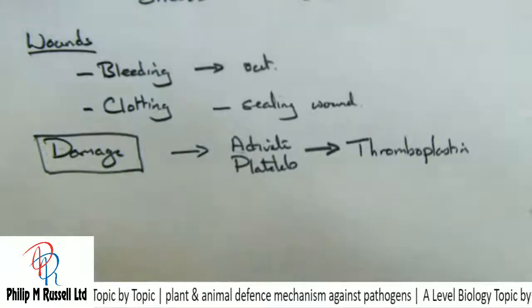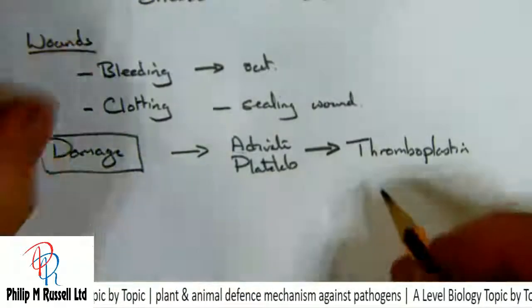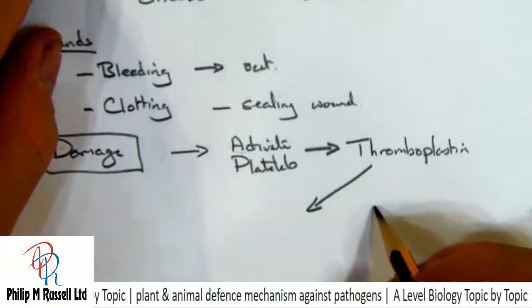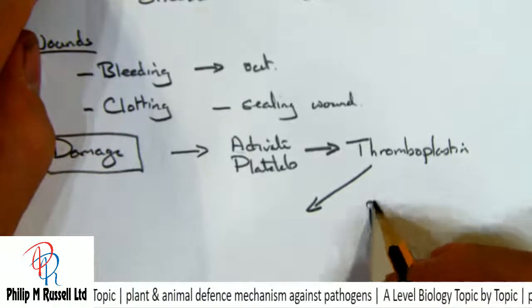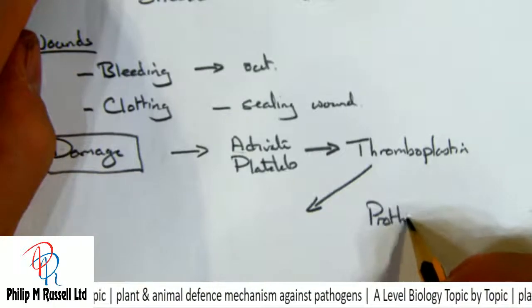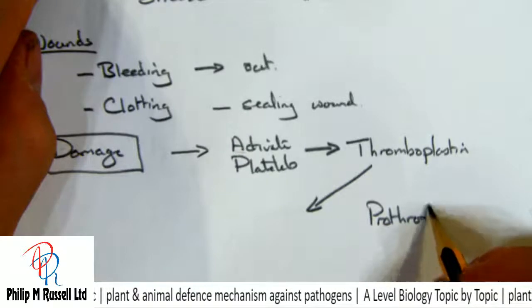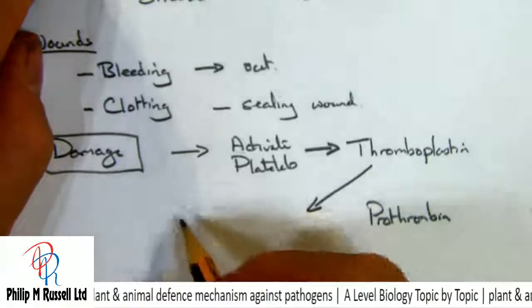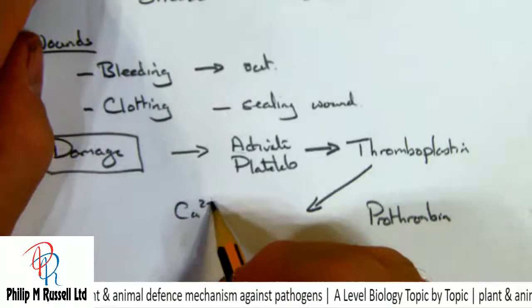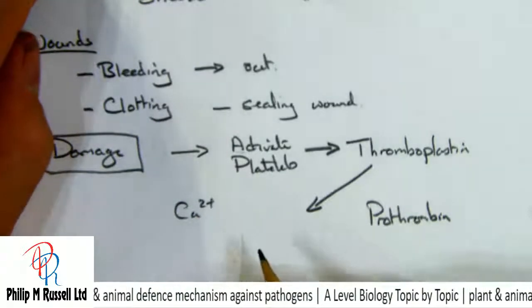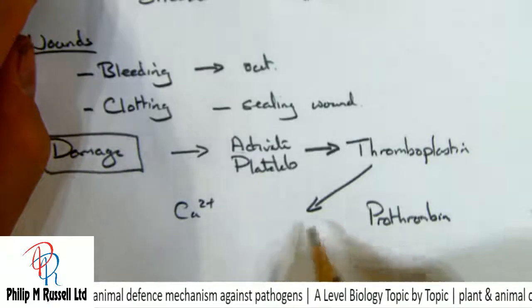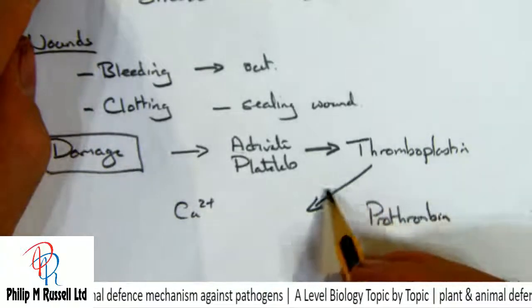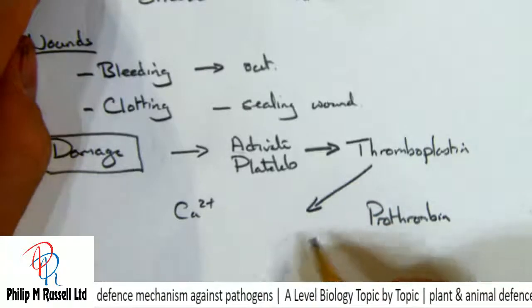What thromboplastin is going to do is meet up with prothrombin, and in the presence of calcium ions, this prothrombin is going to be catalyzed by thromboplastin to make thrombin.